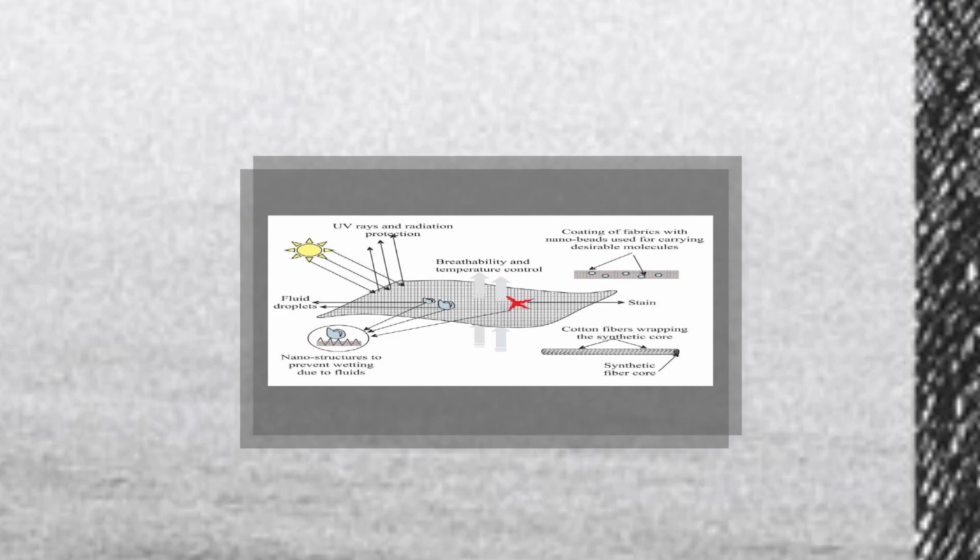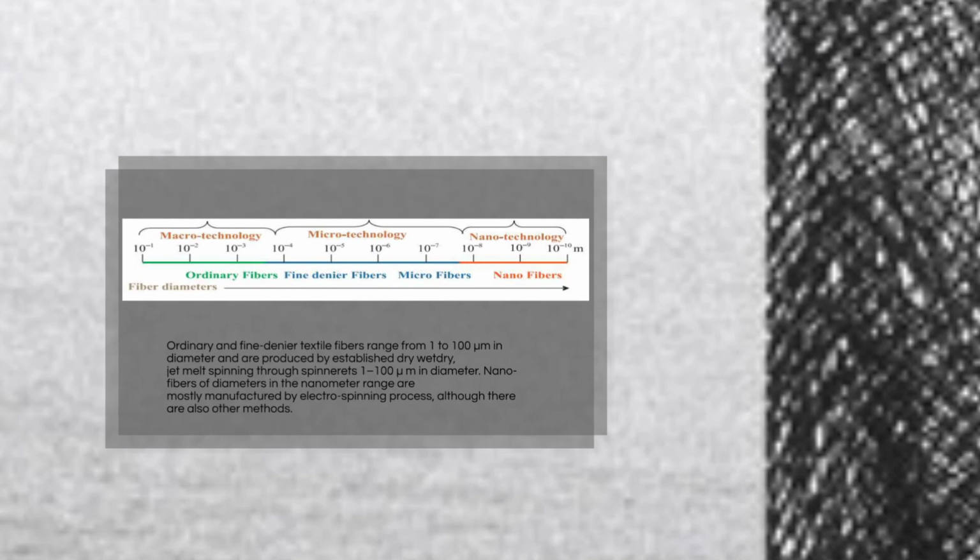Here is a fabric with nanotechnology applied. Ordinary, fine linear textile fibers range from 1 to 100 nanometers in diameter and are produced by established wet, dry, and melt spinning through spinnerets.